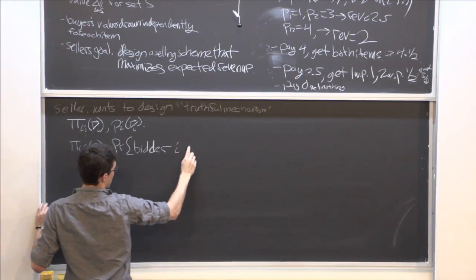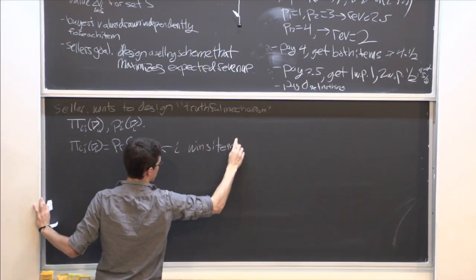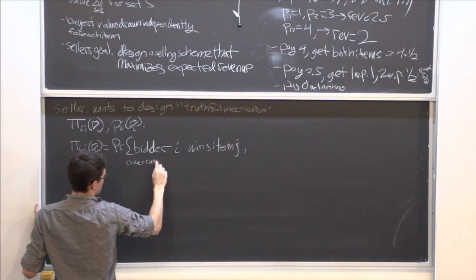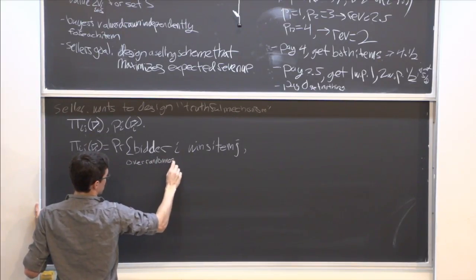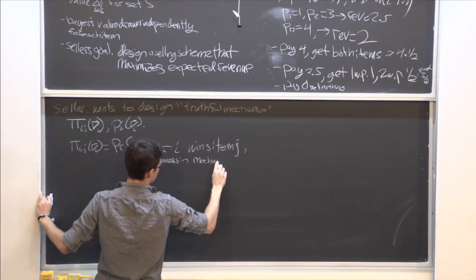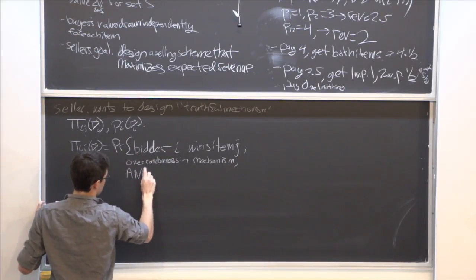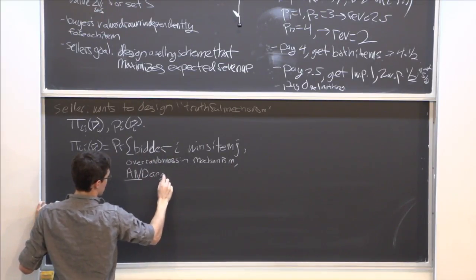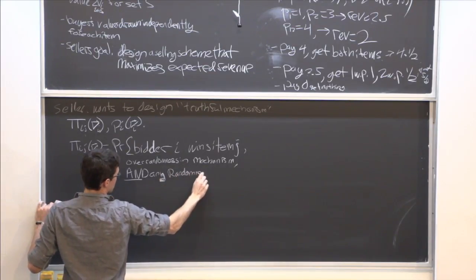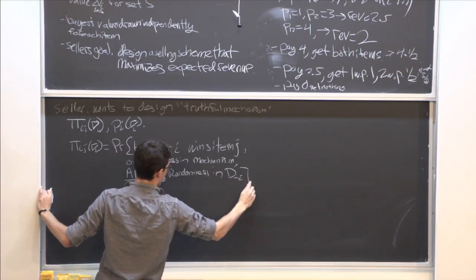Probability that bidder i wins item j over any randomness in the mechanism and any randomness in, I'll say, D minus i.